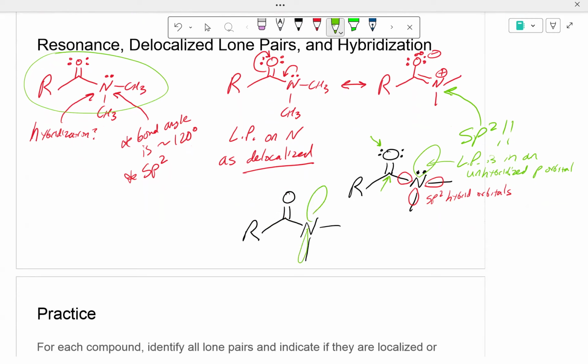So nitrogen's got one, this carbon's got one, and that oxygen has one, and all three of them are consecutive and parallel. Remember, we talked about that before. So it's a lot more stable for this nitrogen to be sp2 hybridized, have its lone pair in an unhybridized p orbital, and be conjugated with the carbon-oxygen double bond.